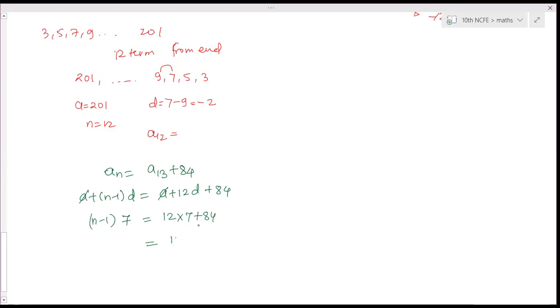You can easily solve it with simplification. So n minus 1 is equal to 84 plus 84, 168, by 7. 7 twos are 14, 224. So n is equal to 25. Okay, ma'am. Thank you.